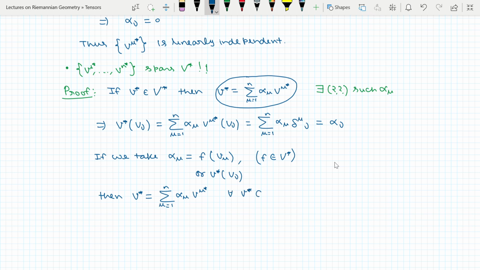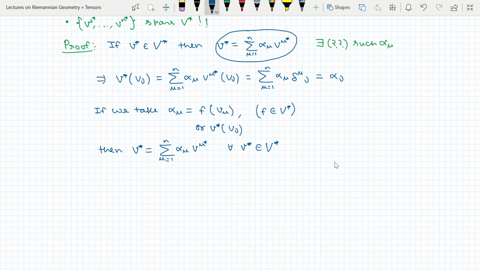This will be true for all V star belonging to V star. And if it is true for all V star belonging to the dual space, then this means this set V mu star actually spans our dual space. Okay?